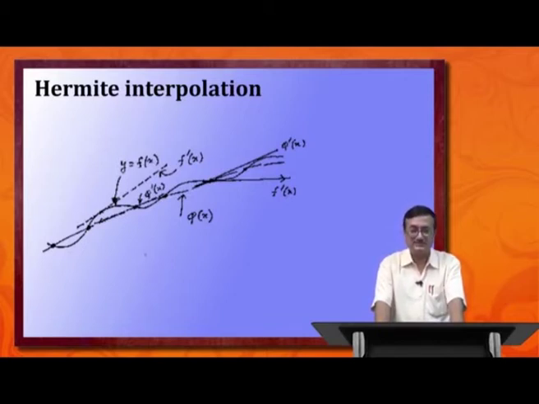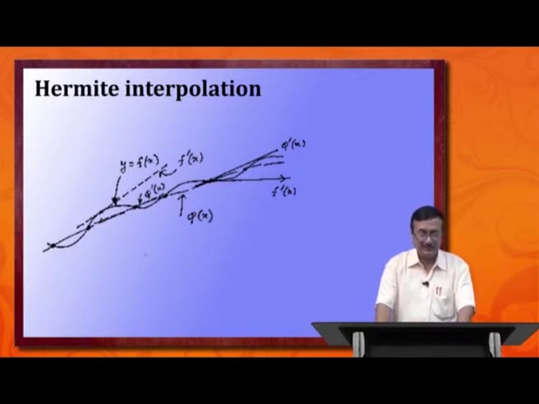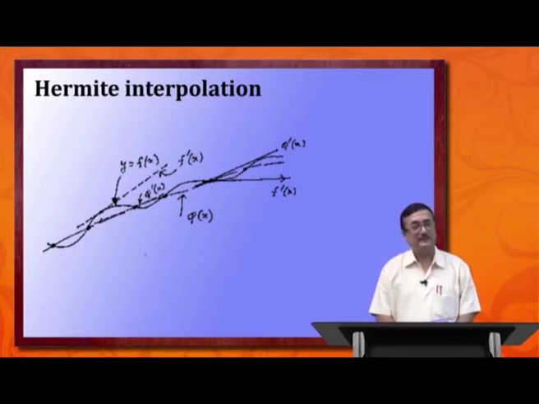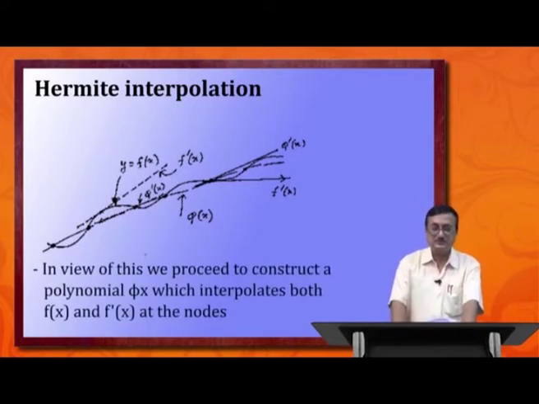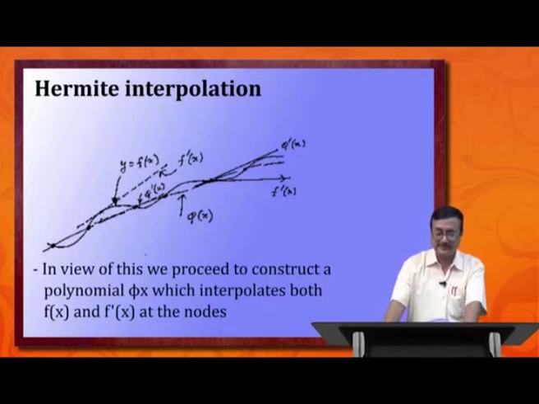So that is why we have to proceed to construct a function which takes care of the value of the function at the designated nodes as well as the value of its slope, that is the value of its derivatives at the designated nodes. In view of this, we proceed to construct a polynomial phi(x) which interpolates both f(x) and f'(x) at the designated nodes.